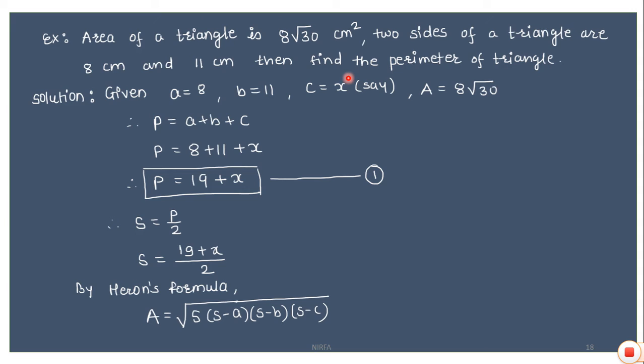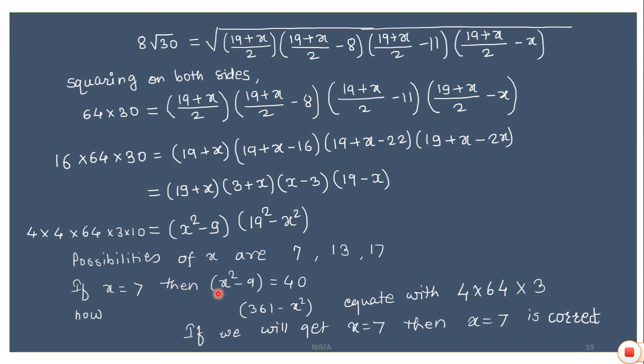Now I'm writing the formula of perimeter, a plus b plus c, and while putting the values of a, b, c, I'll get p is equal to 19 plus x. Now the semi-perimeter is p by 2, meaning 19 plus x upon 2. Now I am using Heron's formula. Write the Heron formula and put the values. Instead of area, I am putting the given area, and instead of s, I am putting 19 plus x upon 2 in all the brackets.